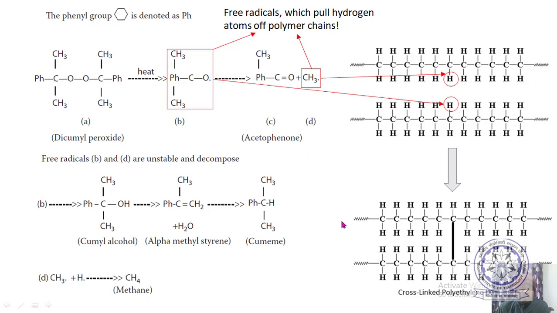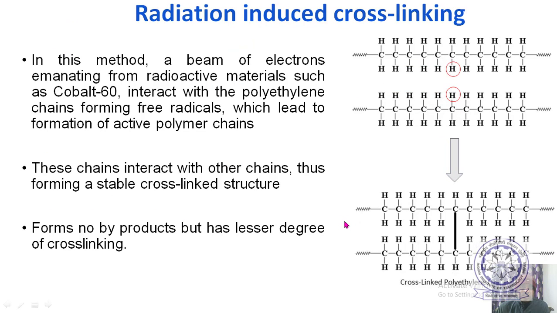See, the other method of cross-linking is radiation-induced cross-linking, in which there are no cross-linking byproducts. In this method, a beam of electrons emanating from a radioactive material such as cobalt-60 interacts with polyethylene chains, forming free radicals. Again, free radicals have to be formed, which lead to formation of active polymer chains like this.